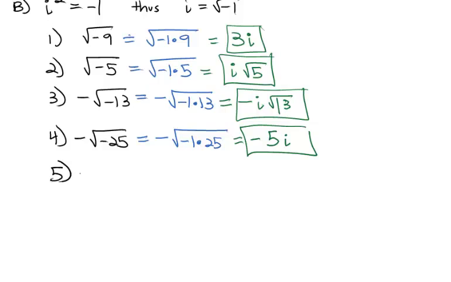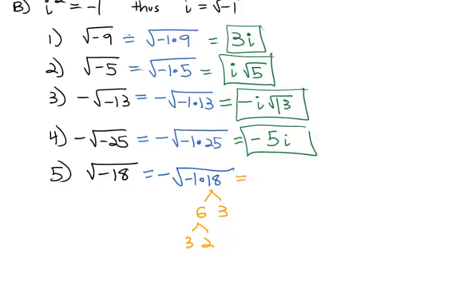We can even make this more interesting and do the square root, actually let's just make it positive square root. We're going to do the square root of negative 18, which we can write as the square root of negative 1 times 18, but we can actually even break that 18 down. 18 is 6 times 3 and 3 times 2, so what we really have is the square root of negative 1 times 2 times 3 squared.